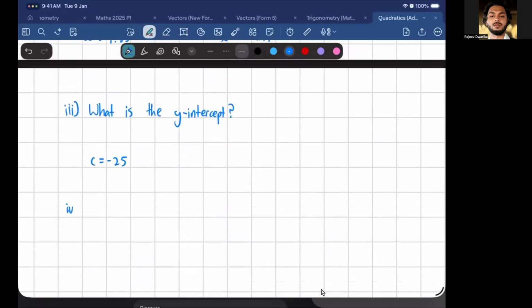Part 4. What if they asked, what are the coordinates for the y-intercept?